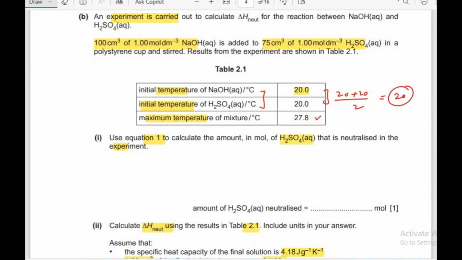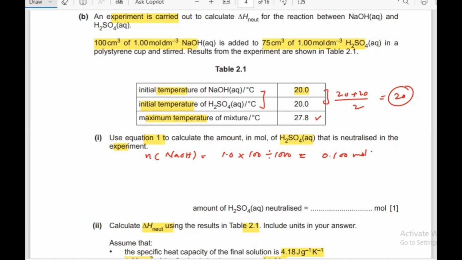Use equation 1 to calculate the amount in moles of sulfuric acid that is neutralized in the experiment. So first of all, moles of sodium hydroxide are 1.0 times 100 divided by 1000. So there are 0.100 moles of sodium hydroxide.